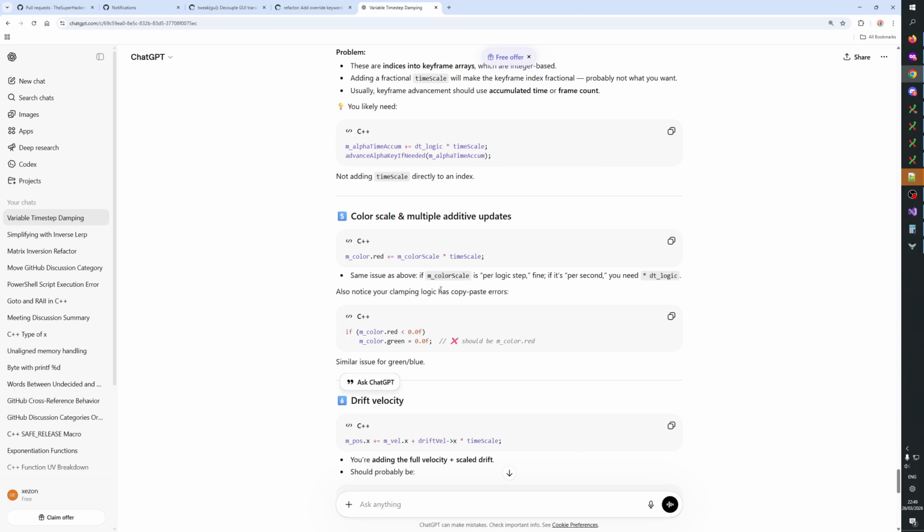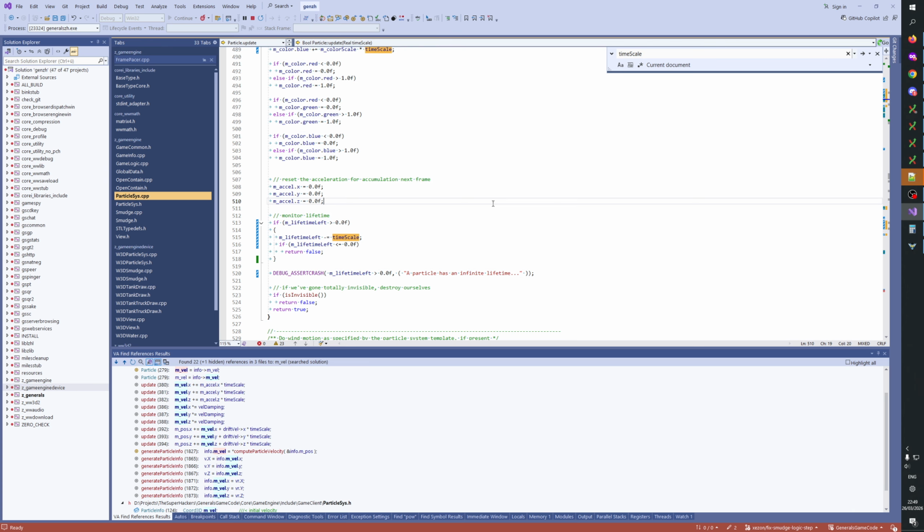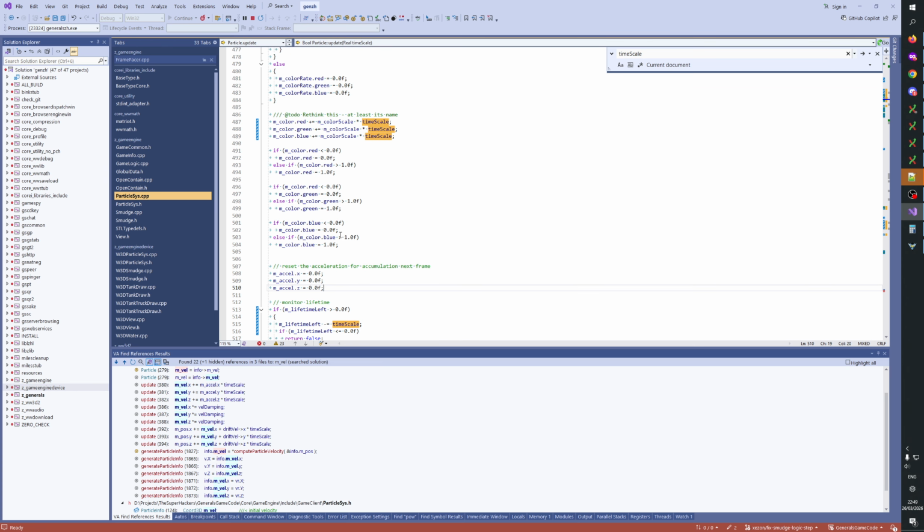What is this? Copy paste errors. Oh, it does.